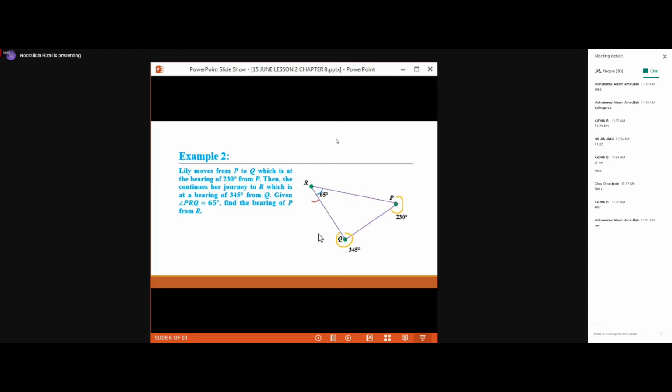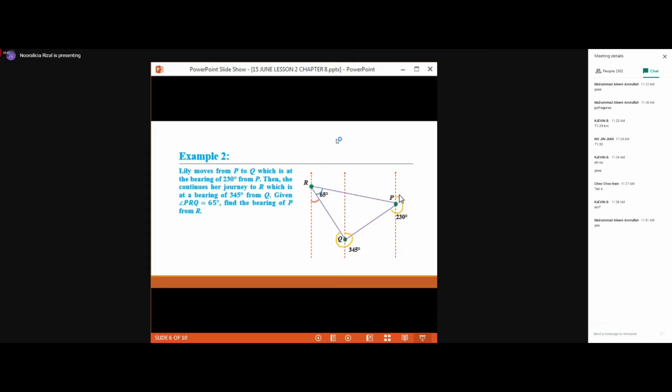Okay, so now we are going to find the bearing of P from R. So you are going to draw your north line. We know that the north line is straight here because based on the first statement, your north line will be here. It's not this way or whatever other way. I repeat, your north line can move. It's like a compass.